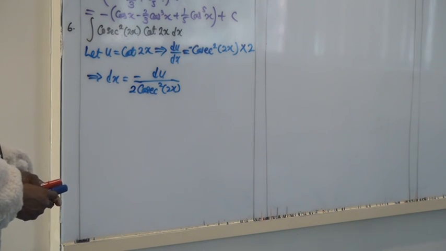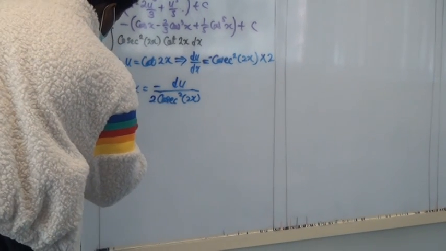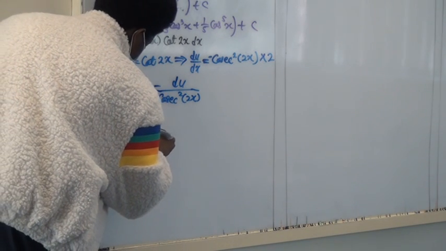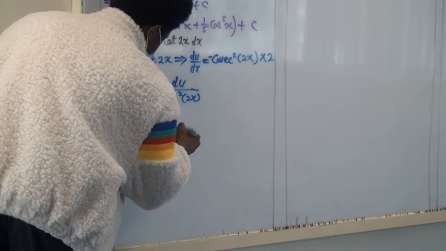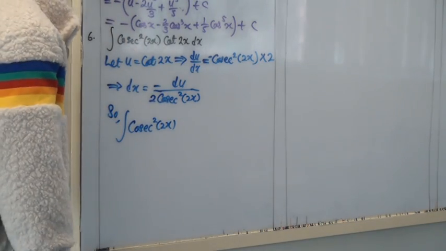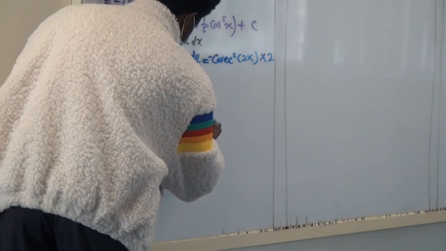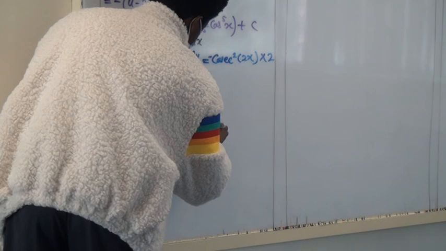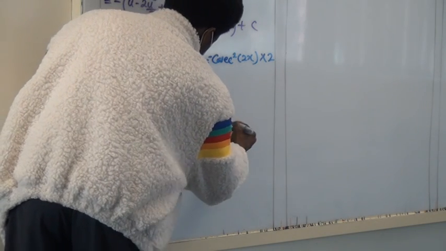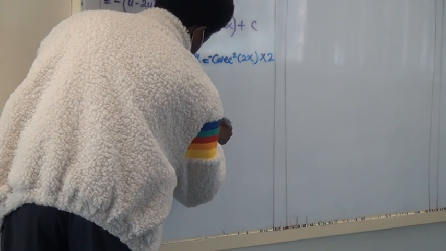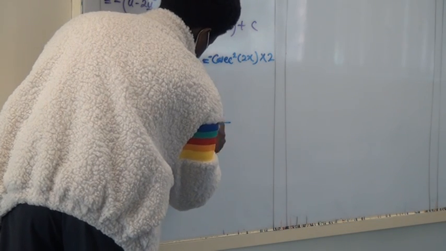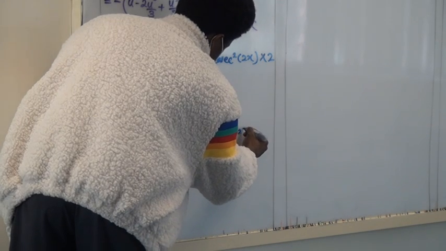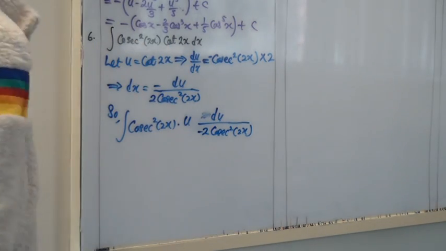Apologies for that. Okay? So our original function, the integral of cosec squared 2x, because of the square, the 2x was put in bracket, times u, then times du over, there's a negative here, or you can just put the minus at the front, it's okay, cosec squared 2x, because you know that cancels.